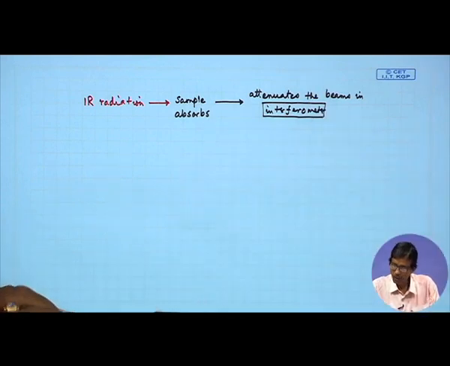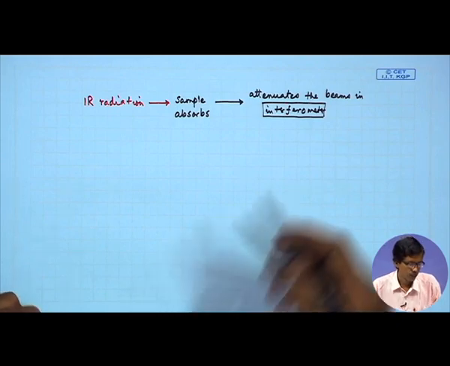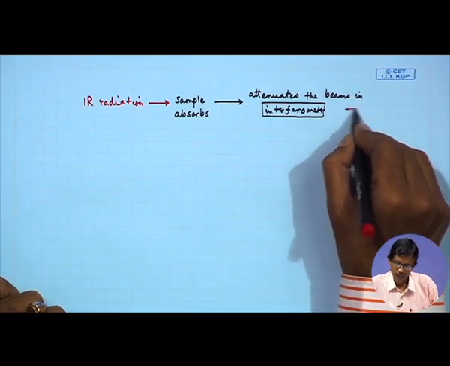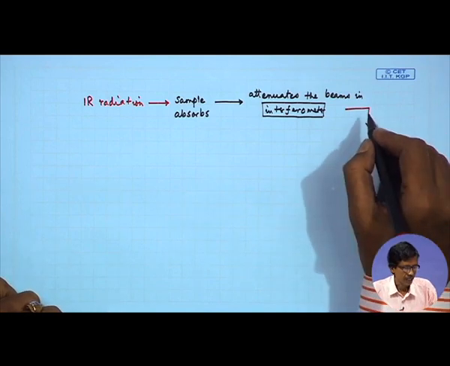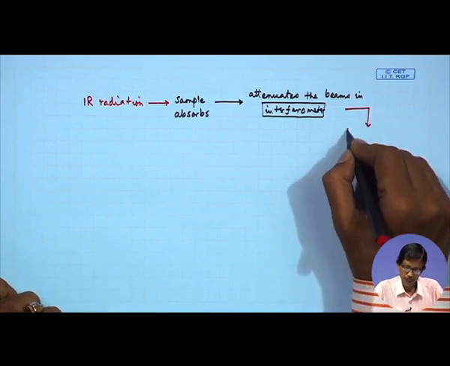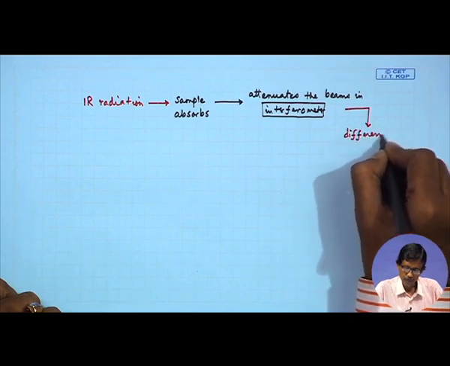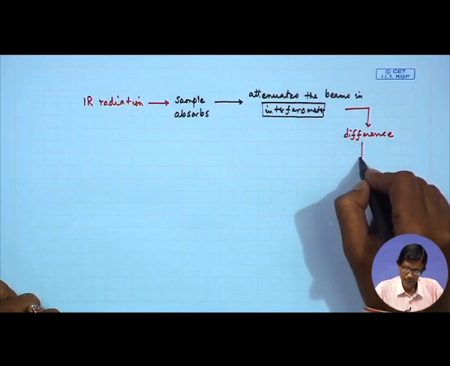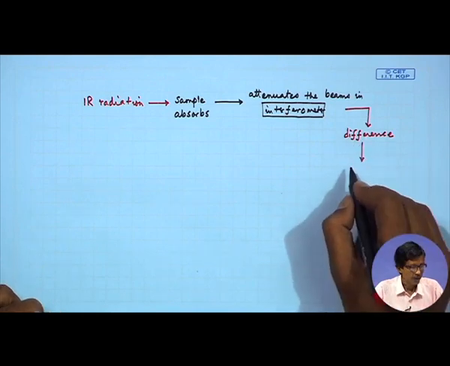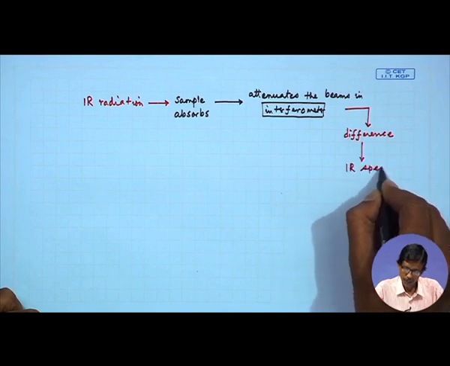So, the very basic heart of the instrument is your interferometer, and this change gives you some difference due to this attenuation, and ultimately that difference is measured or counted in the corresponding IR spectrum.